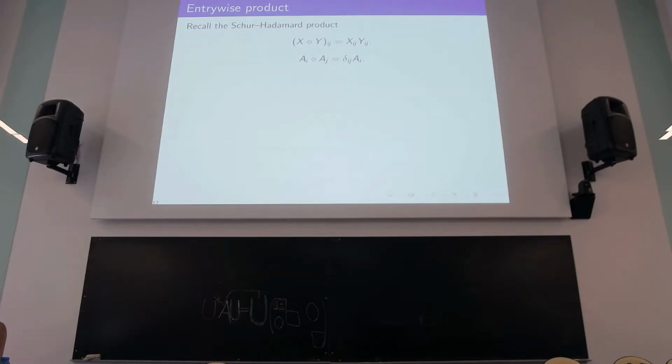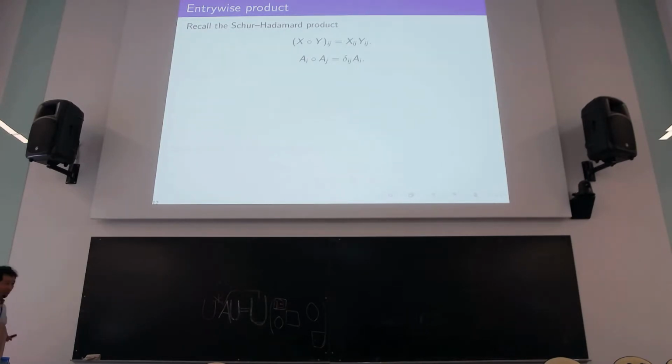It's some strange product, but this is not that strange if you consider adjacency matrices, because they have ones in disjoint positions. So if you multiply A_i and A_j with different indices, you have 0, and otherwise you have the same matrix, A_i. So this behaves almost like primitive idempotents.